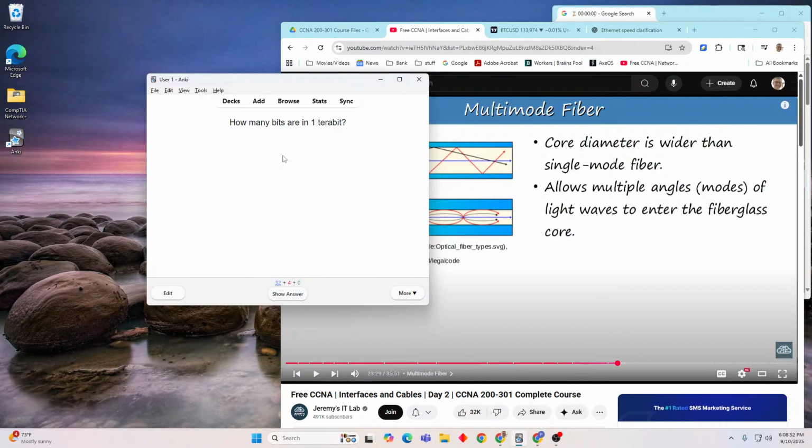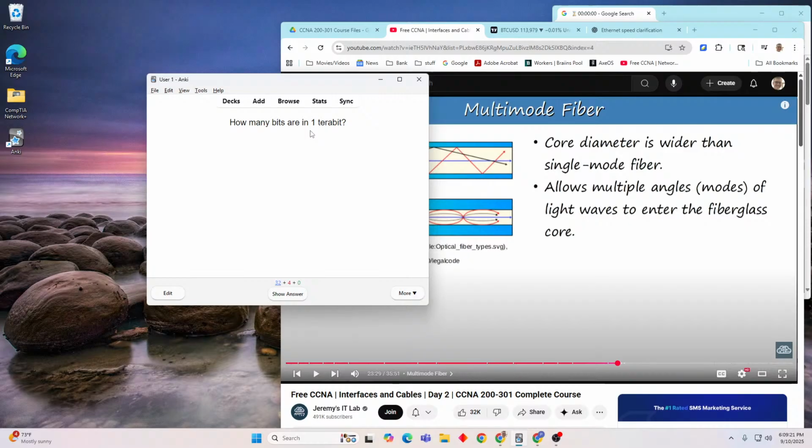All right, 10 minutes. How many bits are in a terabit? Oh my God, if a megabit was a million, gigabit was 100 million. Mega, giga, tera, peta.